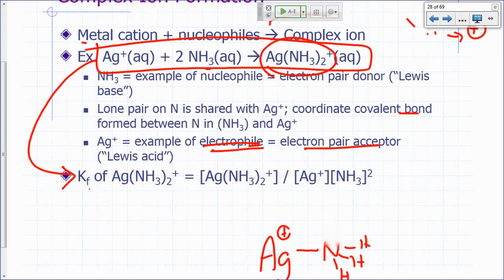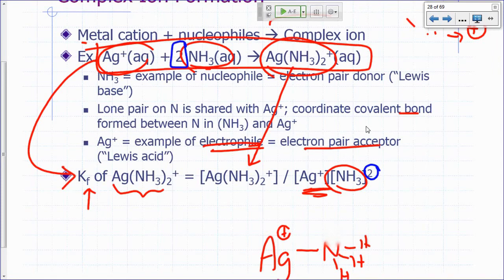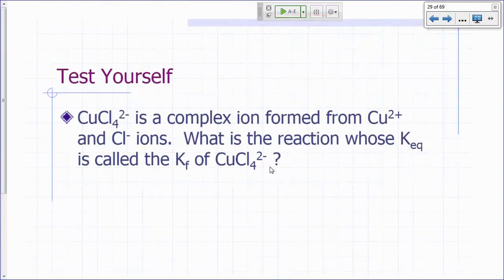KF, F for formation, is the formation constant of this complex ion. It would just be the concentration of product divided by the concentration of silver times, in the denominator, the concentration of NH3 squared, because there's a coefficient of 2 there. That's your expression for the formation constant of a complex ion.